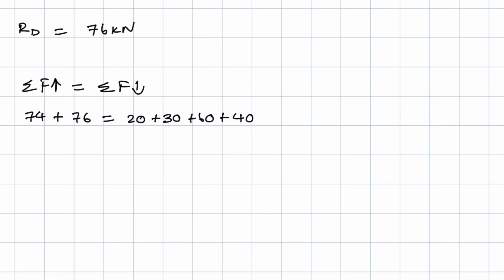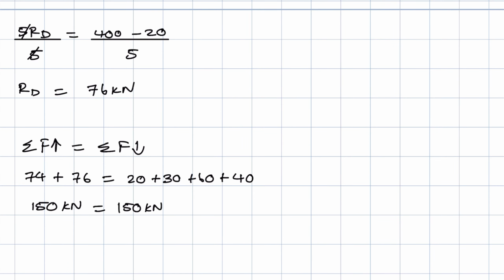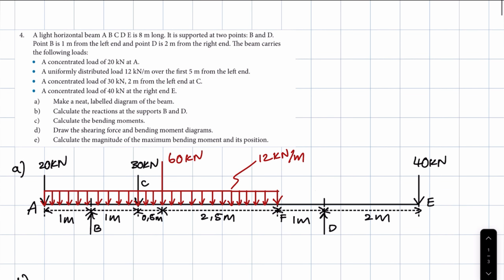Now, when you calculate the left hand side, it should be equal to the right hand side. So if you calculate both, you get what? You get 150 kilonewtons, and on the right hand side you also get 150 kilonewtons. So our beam is in equilibrium, meaning there's a good chance that the magnitudes of our reactions at the supports are correct, right? So now let's look at what we must do next.